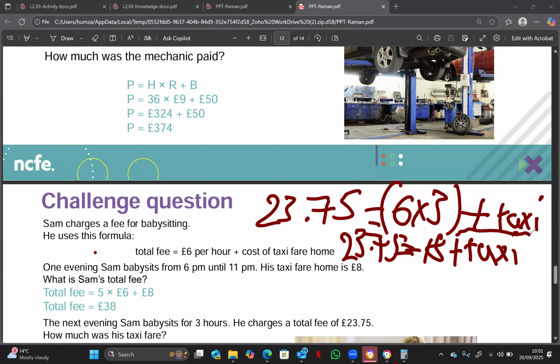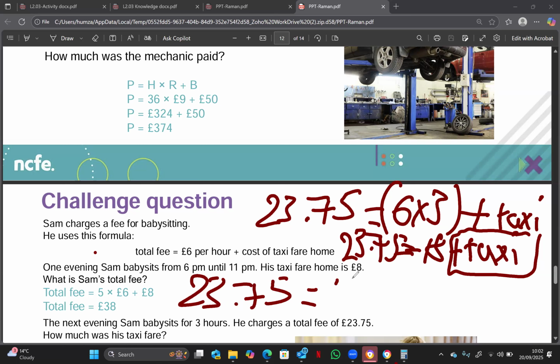How would we work out what this is? So we've done £23.75 equals 18 add taxi. How would you work out just the taxi? So we will go 6 times 3, which is 18, and then plus... Not plus, no. If you look at it, £23.75 equals 18 add taxi.